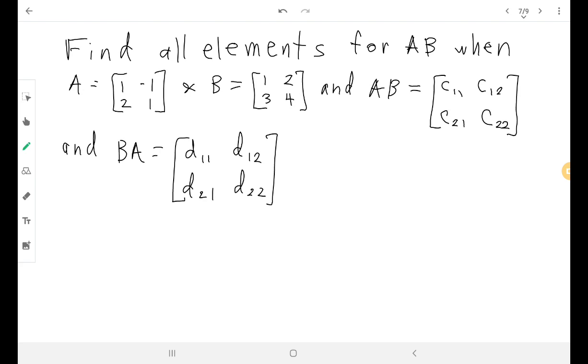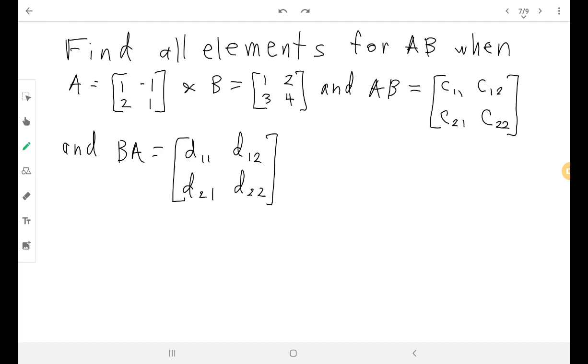So now we're going to talk about finding all the elements. The elements is something that you will see in the first section of this unit. You will talk about elements. The idea is that these little sub numbers down here tell you what row and then what column each piece of the matrix is.